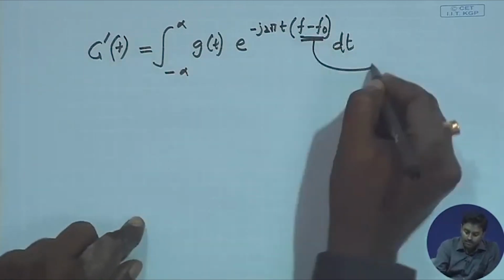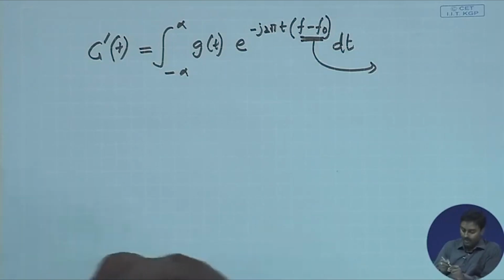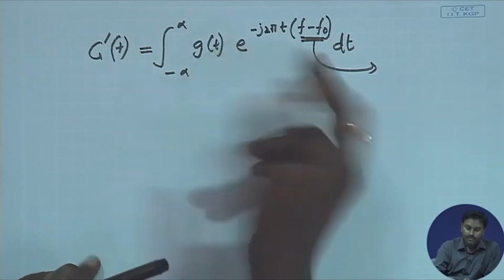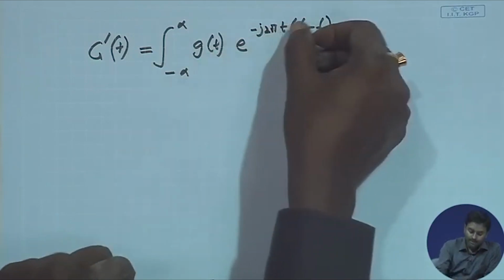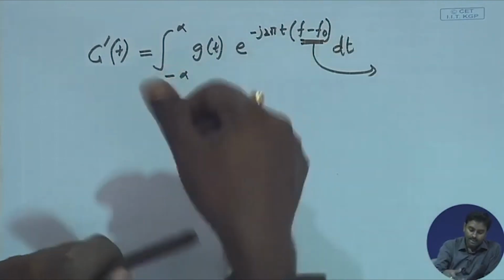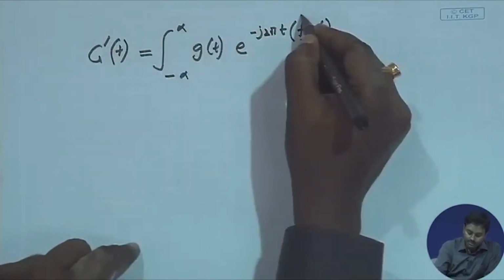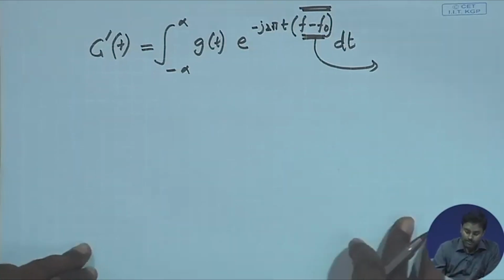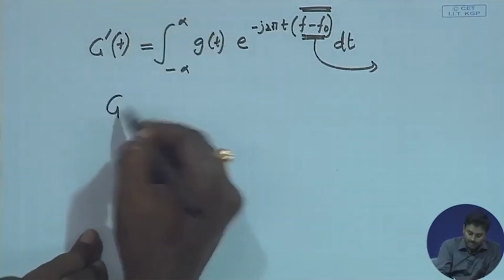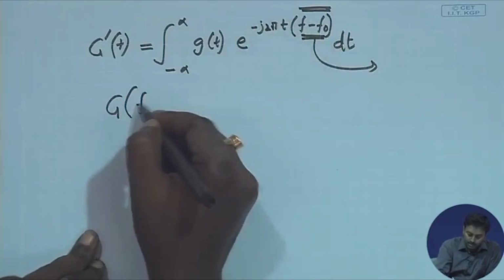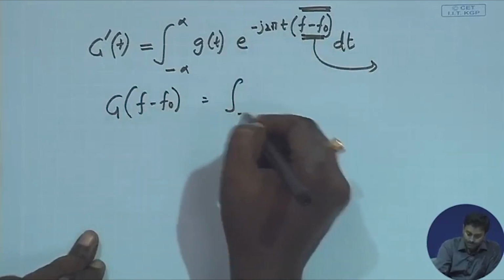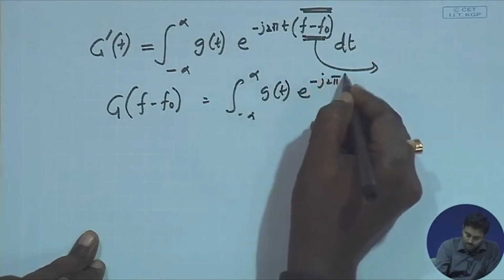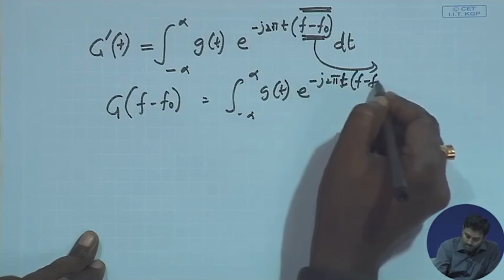Now, see what was happening, my Fourier transform, if g(t) has a Fourier transform integral of g(t) e to the power minus j 2 pi f t dt, then I get G(f). So, if I just replace f by f minus f0, or a new variable, therefore, from that analogy I can get this is equal to G(f minus f0), which is nothing but integral of g(t) e to the power minus j 2 pi (f minus f0) t dt.